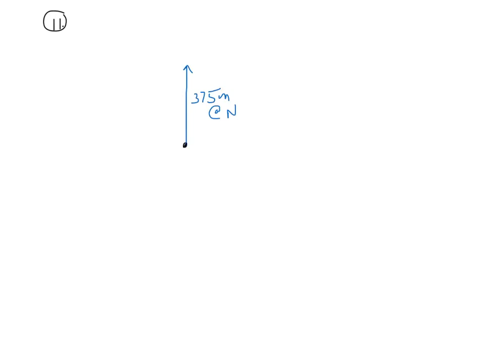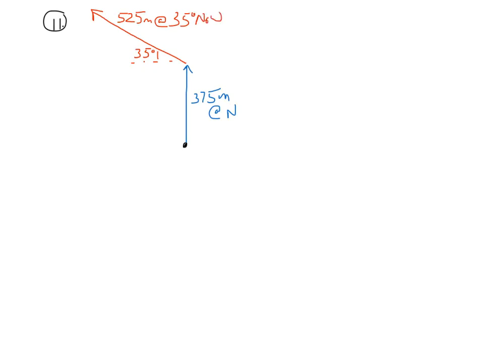Then we walk 525 meters in direction 35 degrees north of west. It's going to look like that. Remember, we add vectors tip to tail, so that's probably not to scale. That's 525 meters at 35 degrees north of west.